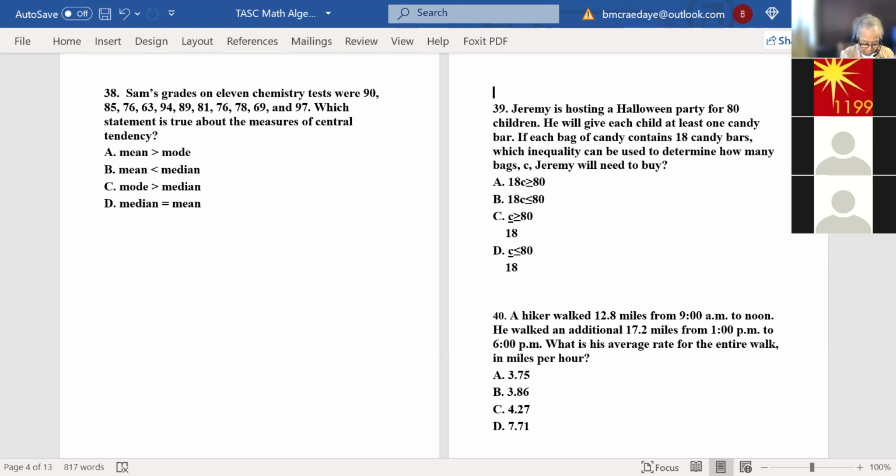This is the mean, right? Mean. Mean, median, or mode.